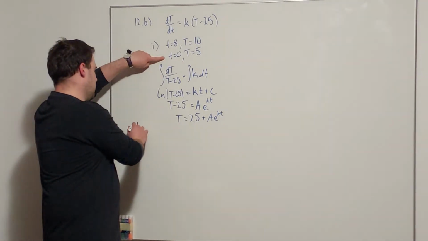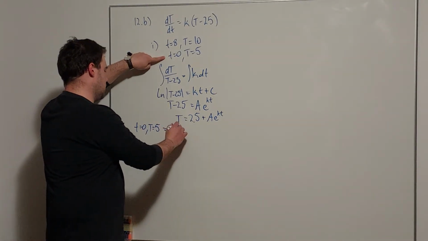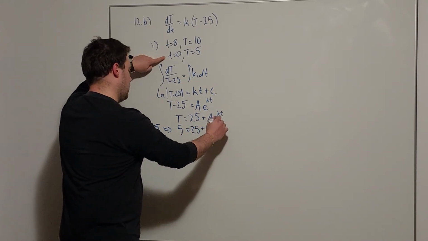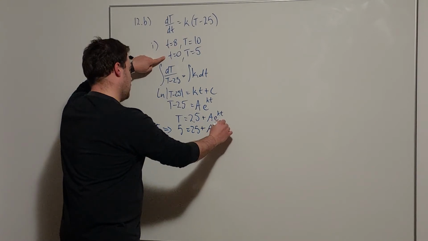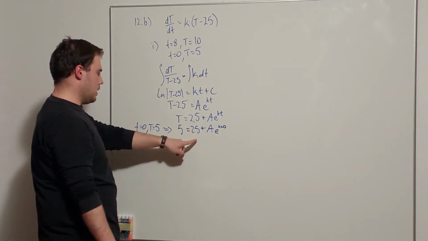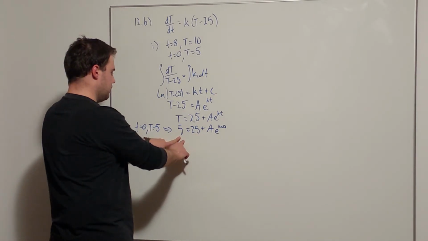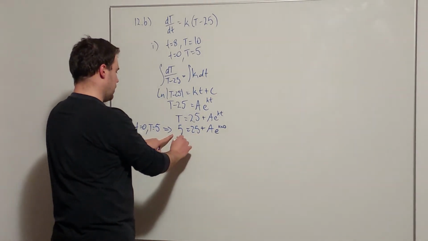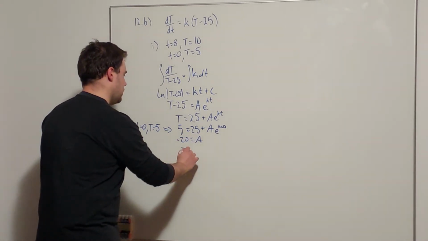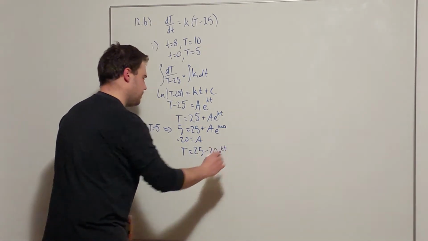So let's just find when t equals 0, T equals 5, which means we can set this to 5 equals 25 plus a e to the k times 0. And what do we get here? If we minus that over there, you get negative 20 equals a. And so we can now update our equation, T equals 25 minus 20e to the kt.